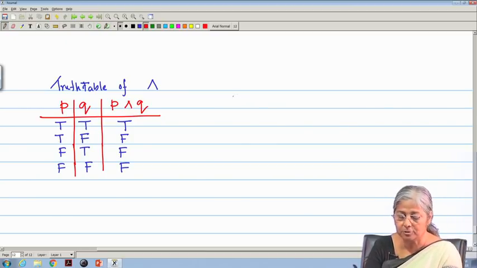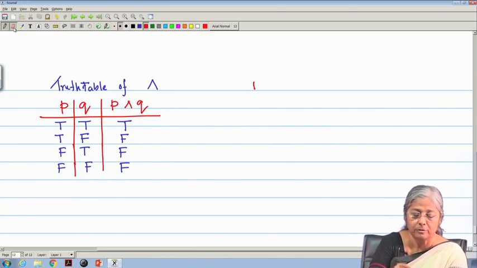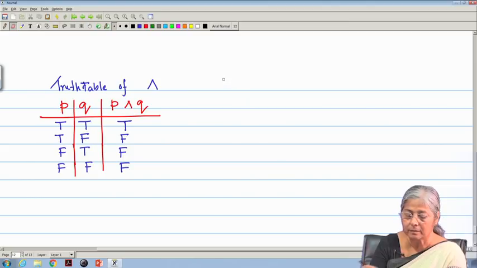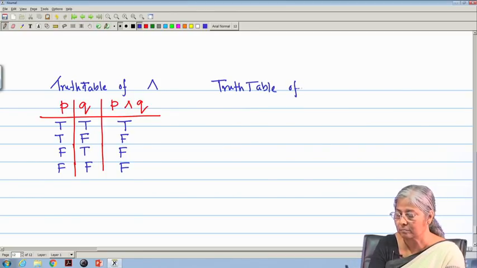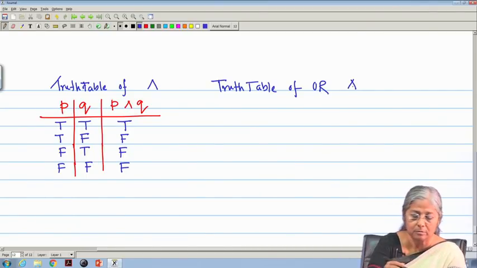Now, I can write the truth table of OR, which is inclusive OR.